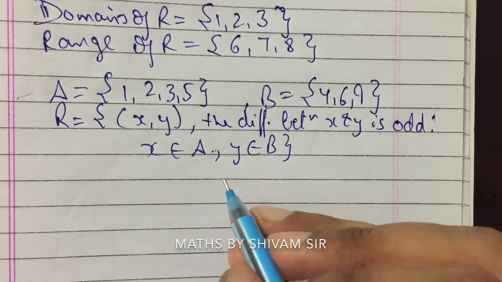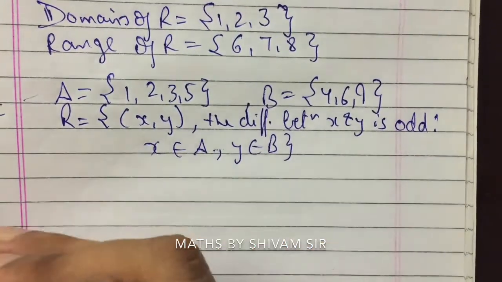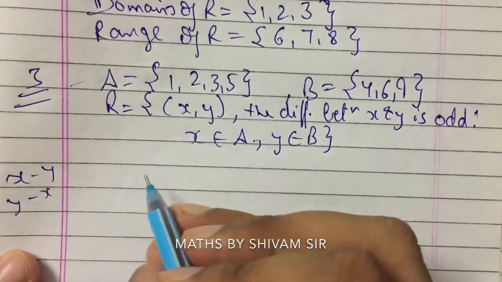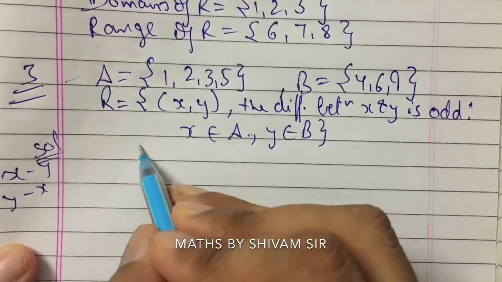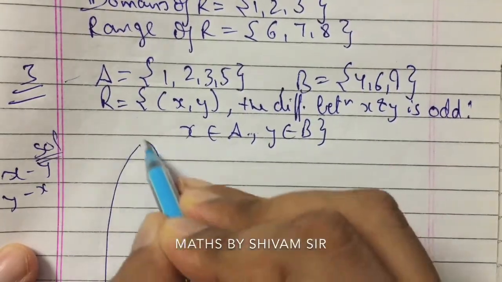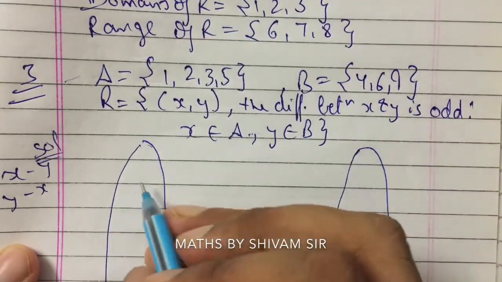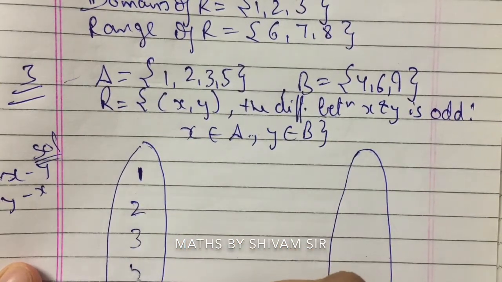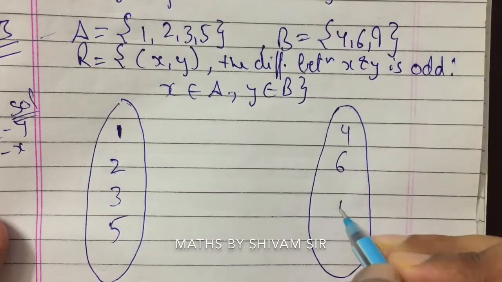Now we have to see the difference should be odd, right? So either you can do x minus y or you can do y minus x. It should be odd, right? So let me explain it to you this way. It is not compulsory for you to do it, just to make you understand. 1, 2, 3, 5 and 4, 6, 9.